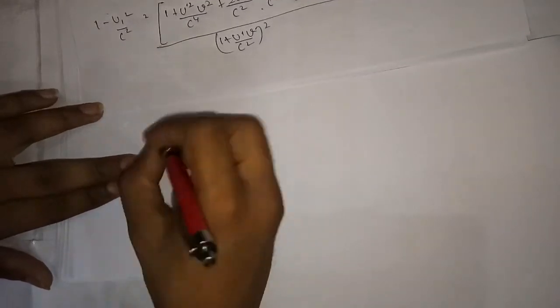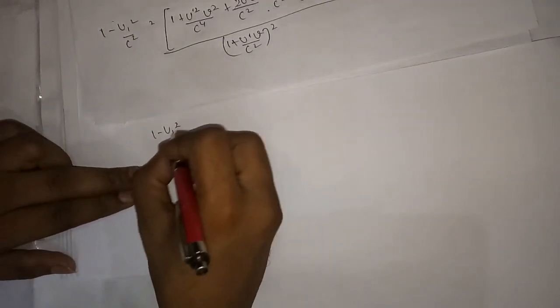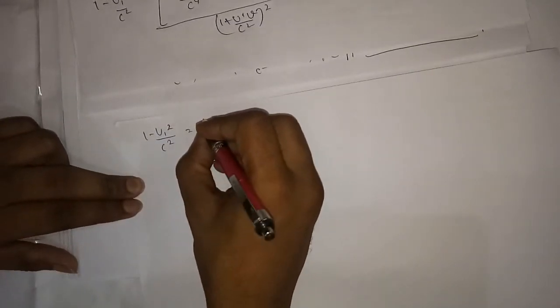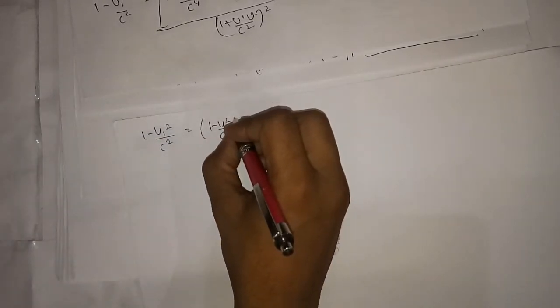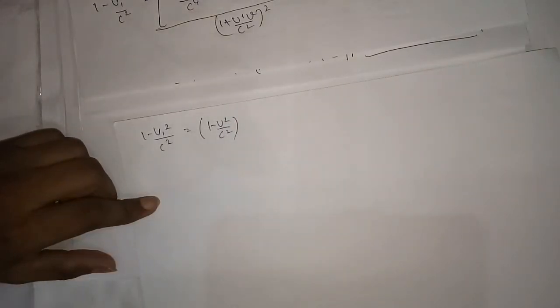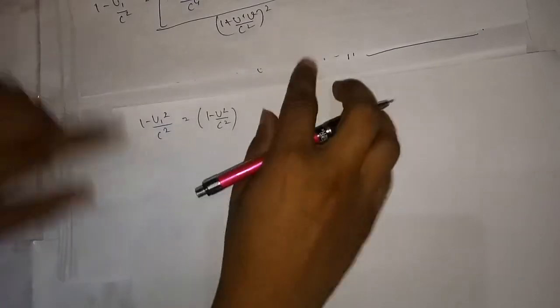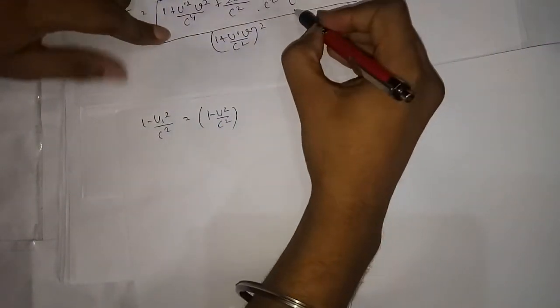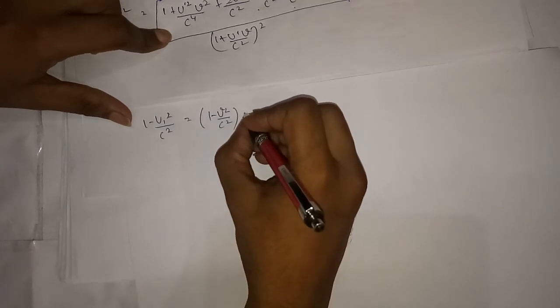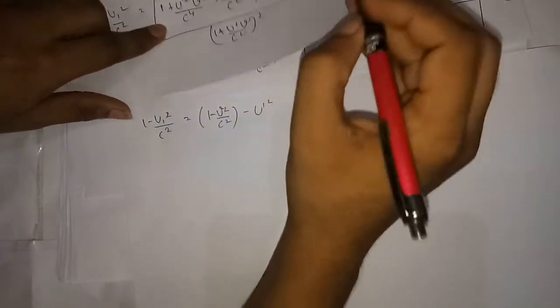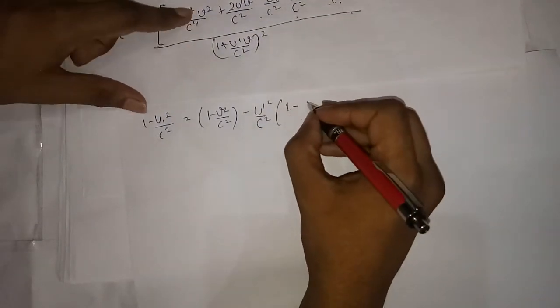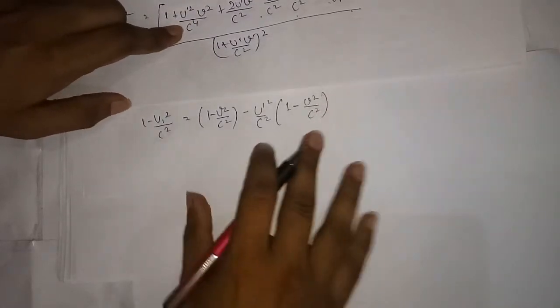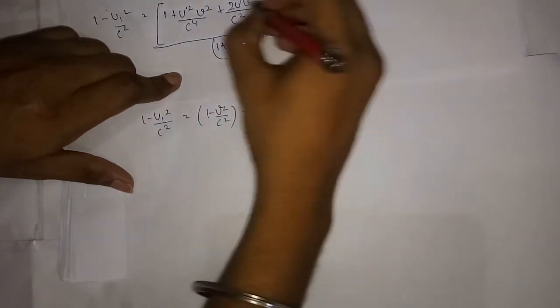So 1 minus u1 square upon c square equal to, we can write it like 1 minus v square upon c square, and moving forward, okay, so 1 minus v square upon c square minus u dash square upon c square 1 minus v square upon c square, okay gentlemen, and these two terms cancel out each other.